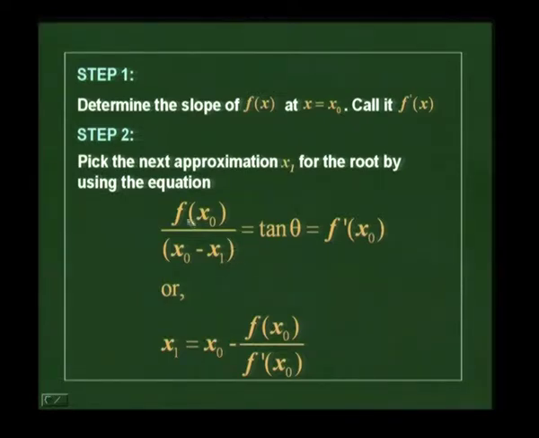So that's what this equation results from. x1 equal to x0 minus f of x0 by f prime of x. Basically, what we are trying to do is expand the function f of x using a Taylor series and keep it only up to order 1, and then say that f of x plus delta x is f of x plus f prime of x, the derivative of f at x, into delta x.